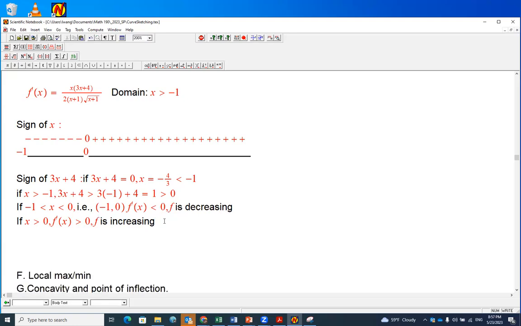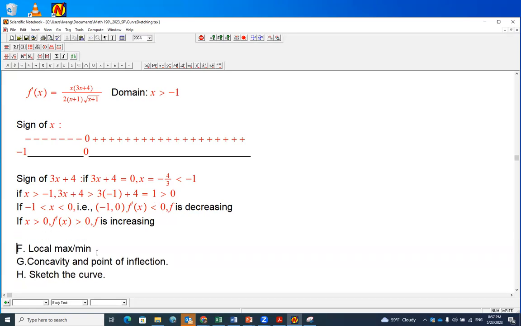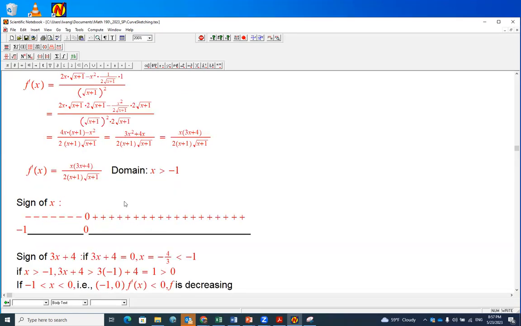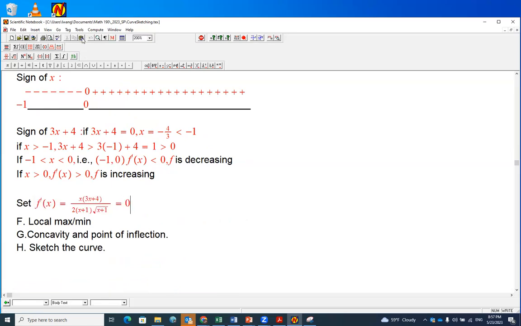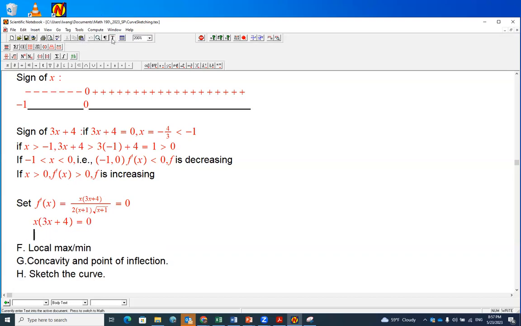But what about 0? We have answered the question of the intervals of decreasing and increasing, and now the critical number. When we set the first order derivative equal to 0, we get a critical number. In this case the numerator must be 0, and then we get x equals 0, or 3x plus 4 equals 0.